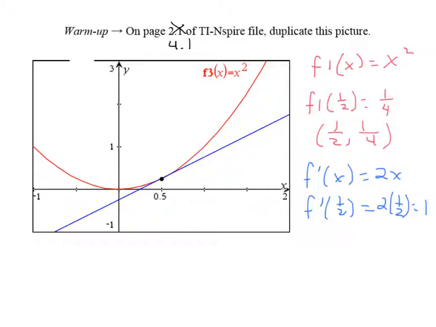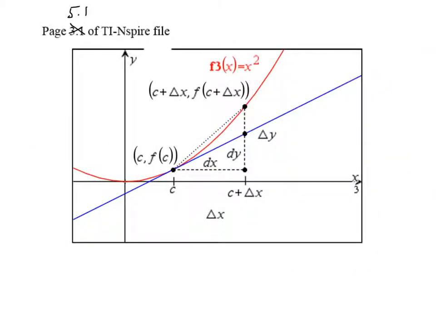And now we can write our tangent line equation as f2 of x equals 1 times x minus 1/2, and then plus 1/4. Alright. So if you don't have that, make some corrections and you can have that on your screen. Now move on over to page 5.1 of your TI-Nspire file, and you will see this picture right here.